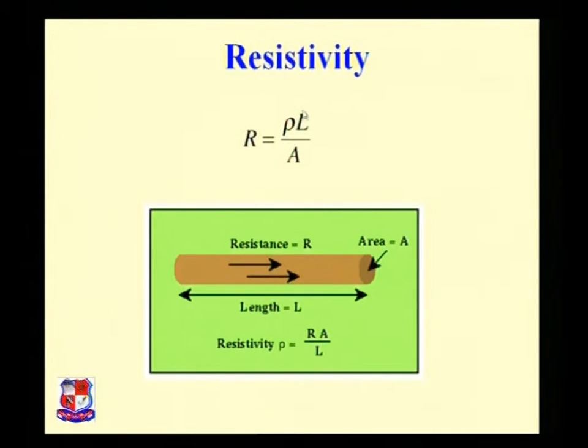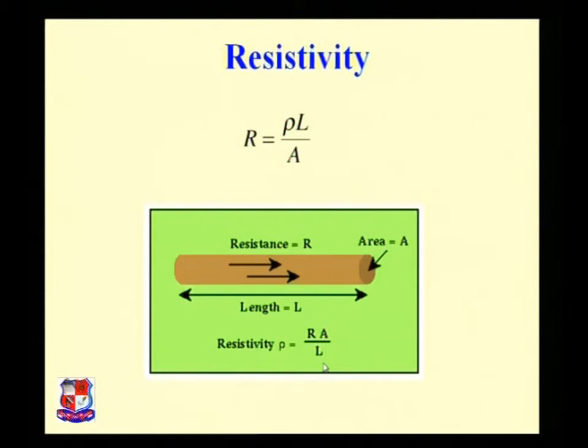The constant rho is known as the resistivity. If we move A to the multiplication side and L to the denominator, the equation of resistivity becomes rho equal to R A upon L.